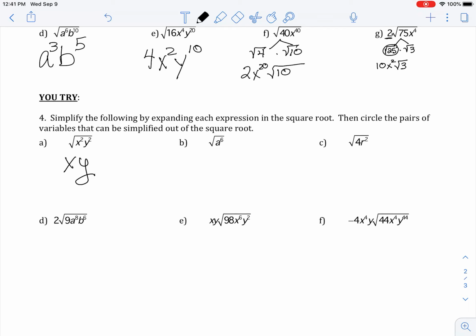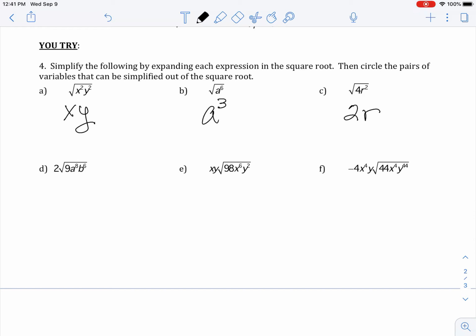So for B, root a to the 6th is a cubed. For C, I'm going to have you again input your answer into Edpuzzle, and then you can check. So root 4r squared is 2r.